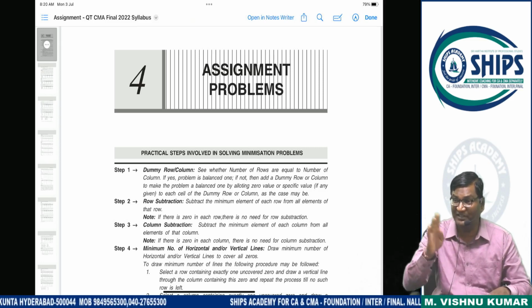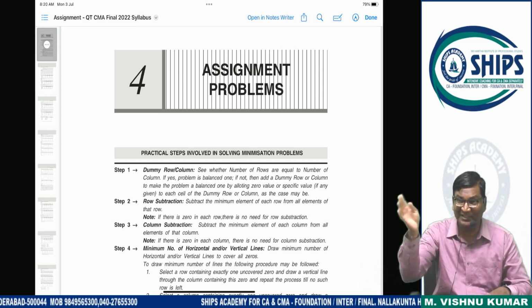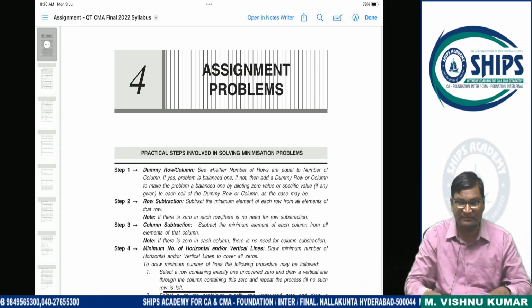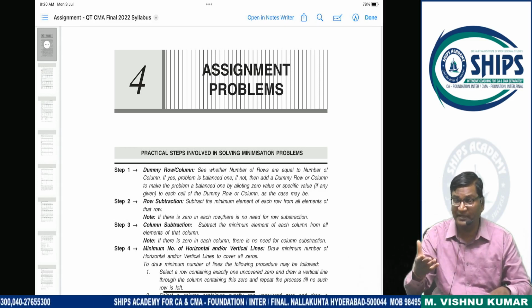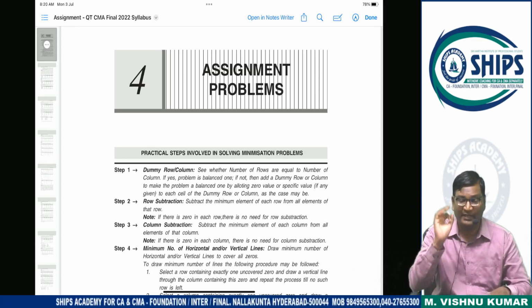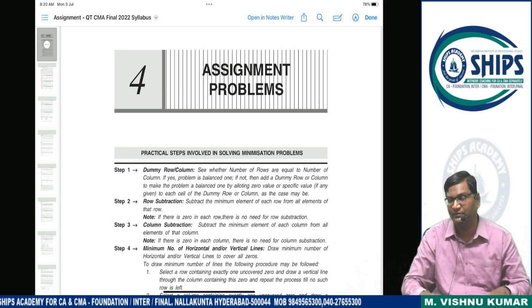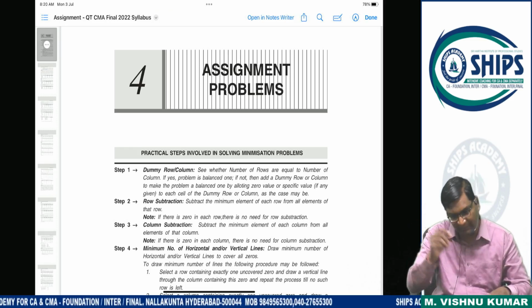Trial and error means if I give this task to this person, if I give this task to this person, like this, trial and error, permutation combination. So assignment can be made from permutation combination. Assignment can be done using linear programming also. Assignment can be done using transportation also.